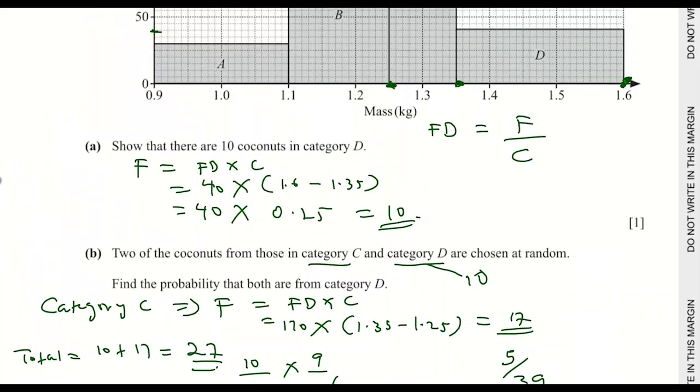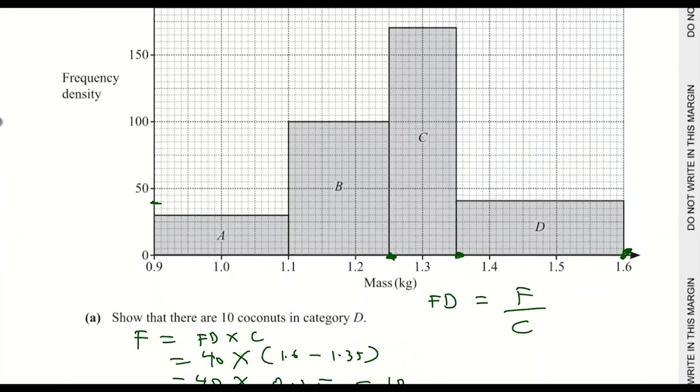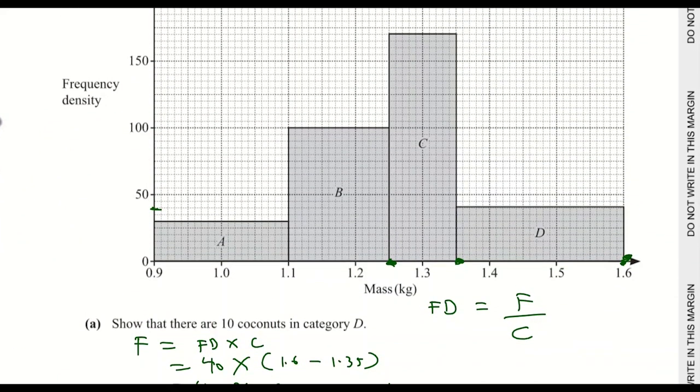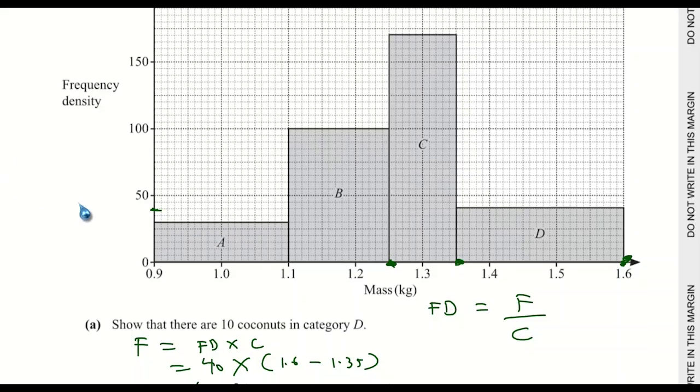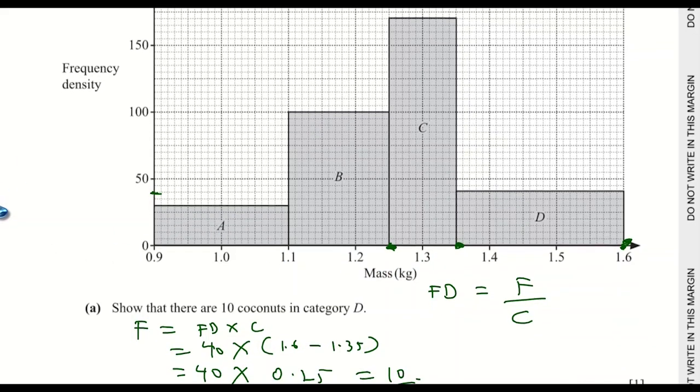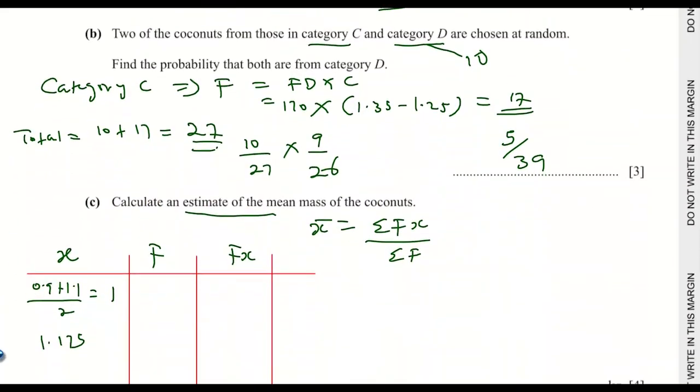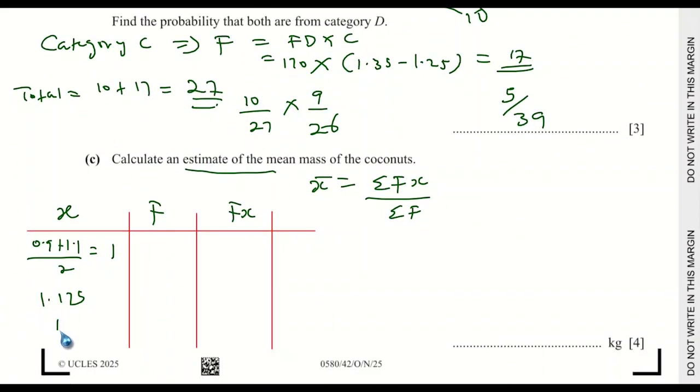For category C, it is going to be 1.25 plus 1.35 divided by 2. So that will be 1.3. I think I can draw an underline here to demarcate them.